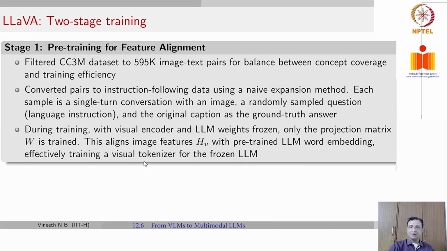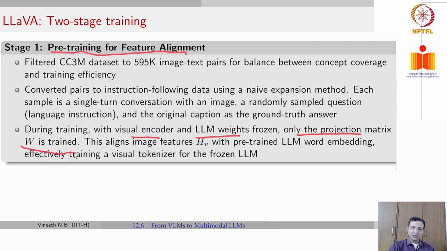During the training, in this stage 1 of pre-training for feature alignment, with the visual encoder and the LLM weights being frozen, they only update the projection matrix W. Please keep in mind, you had a visual encoder which was a ViT.